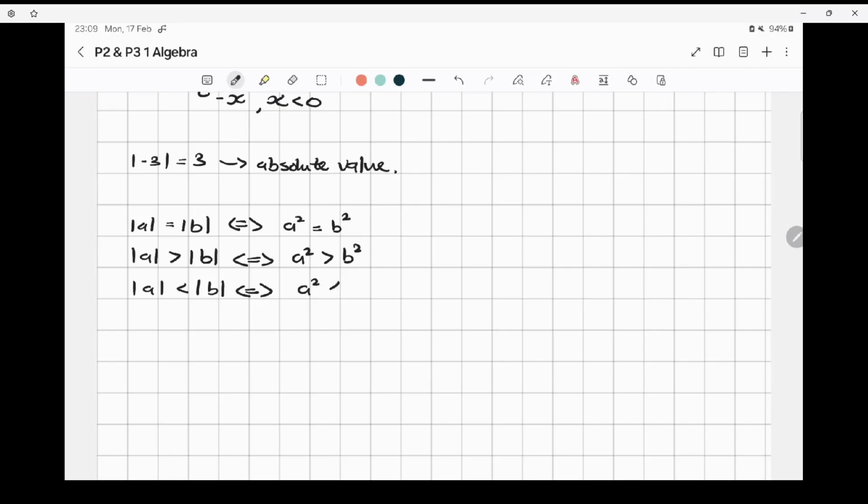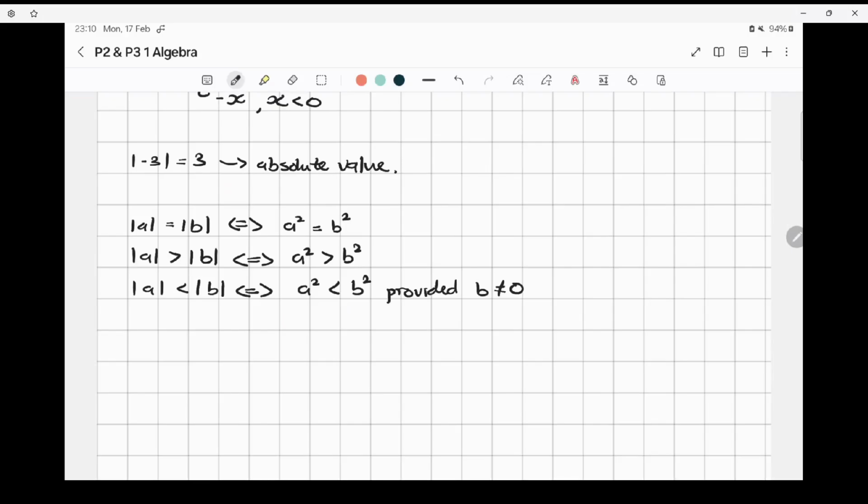Here you need to be slightly careful because you can't let B equal 0. So, provided B is not equal to 0. If B equals 0, then this is not true.